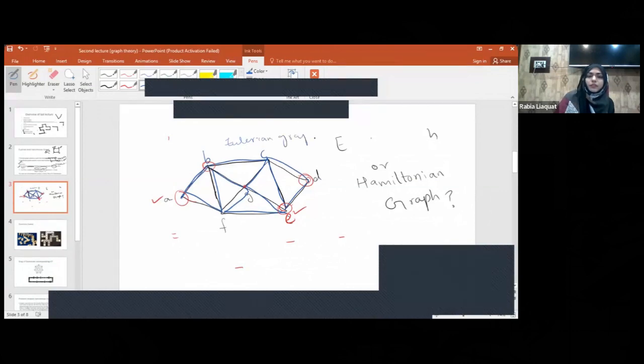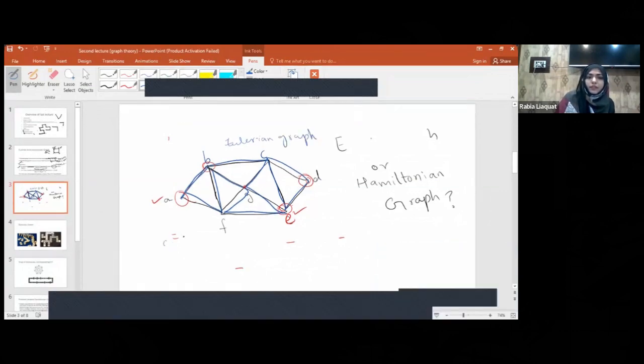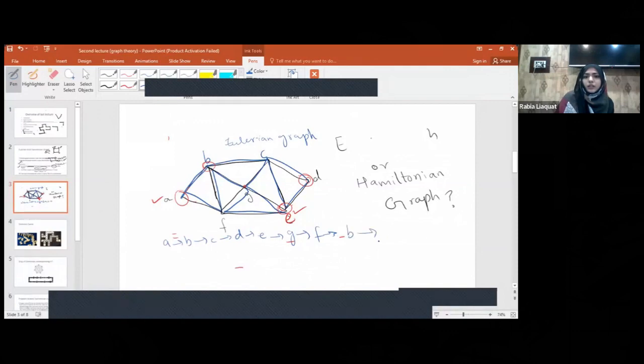Next we see A to B, B to C, C to D, D to E, E to G, G to F, F to A. Now we can see vertices.